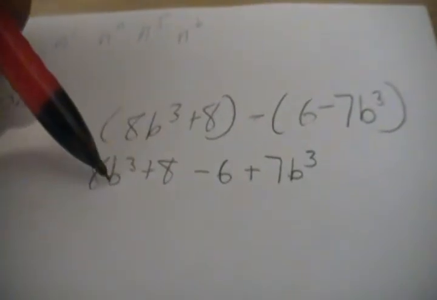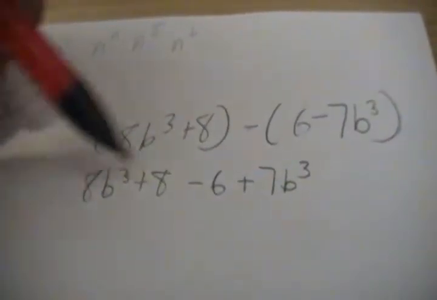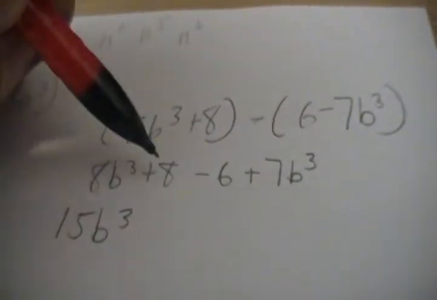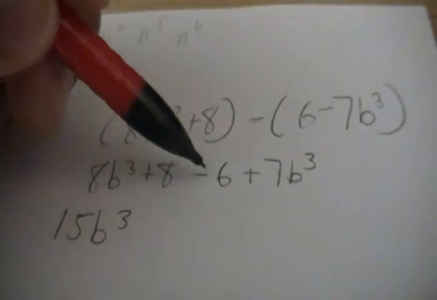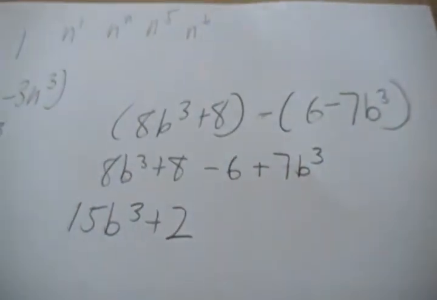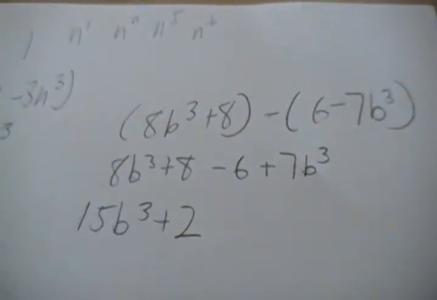Let's combine the like terms. So b cubeds are like terms. So 8 plus 7 is 15b cubed. And then 8 minus 6 is plus 2. Alright, let's try something harder.